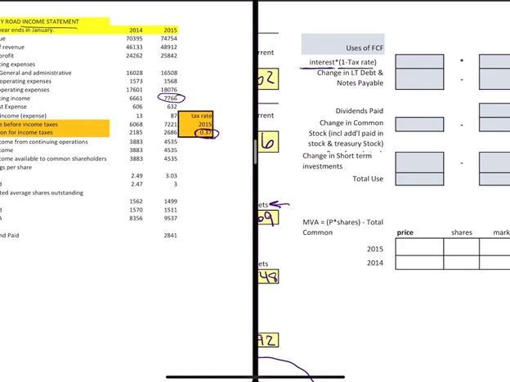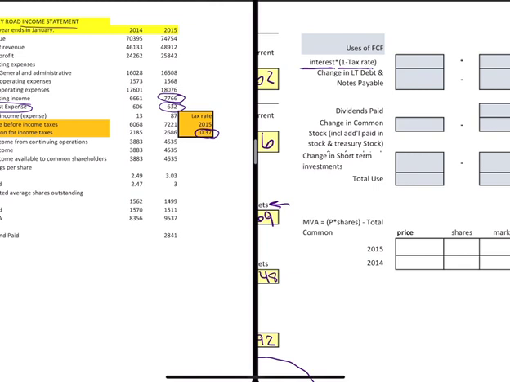So the after-tax interest, we're going to find on our income statement for 2015, and it is our interest expense.